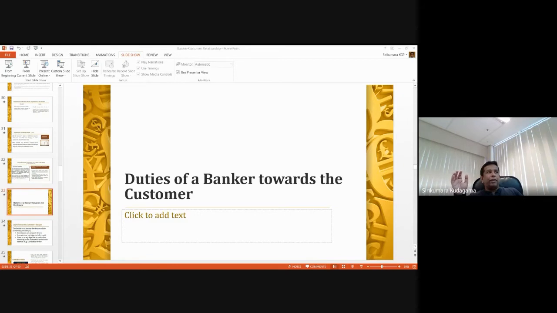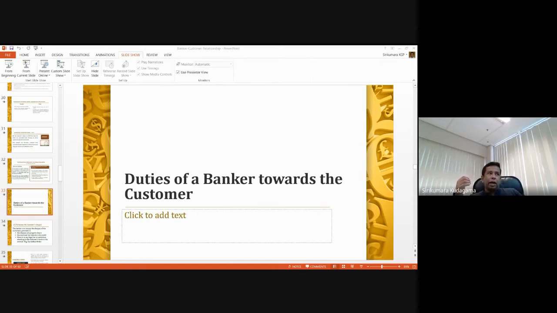Basically, we recognized that it is a contractual relationship similar to the relationship between the debtor and the creditor, where the banker's role is that of a debtor and the customer's role is that of a creditor, where the customer is a creditor and the bank is the debtor. That is the bank creditor debtor relationship that we identified between the bank and the customer.